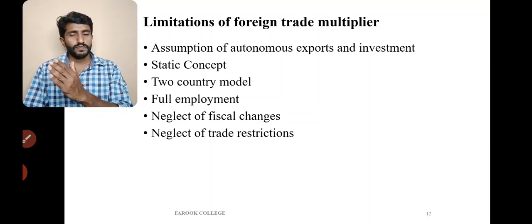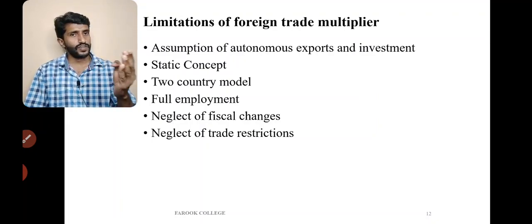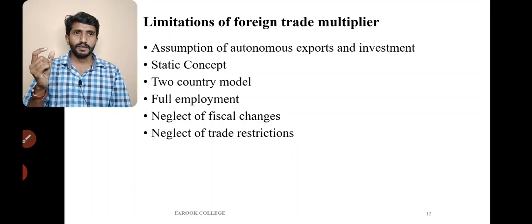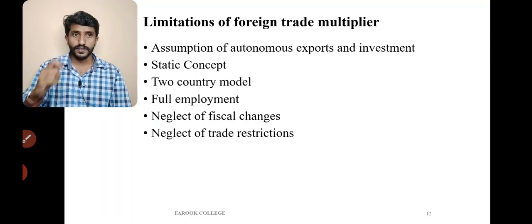Investment also, in the first case, there is no change in investment according to the change in income, but later on we changed this assumption also. Investment we also made a function of income, but normally the foreign trade multiplier is based on the assumption of autonomous exports and investment. So this is one limitation of the foreign trade multiplier.